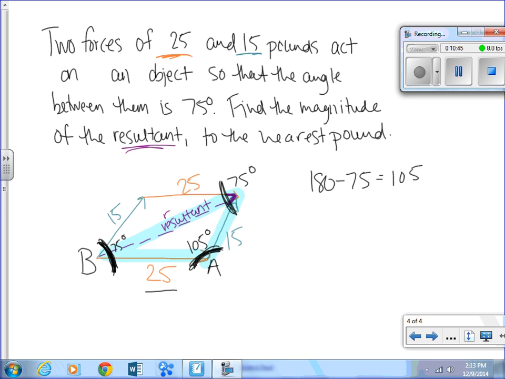Now I know two sides and the angle in between, so I can use the law of cosines, because that's the criteria for the law of cosines. You need to know two sides and the included angle. So now I can find R. R squared is going to be equal to 25 squared plus 15 squared minus 2 times 25 times 15 times the cosine of 105.